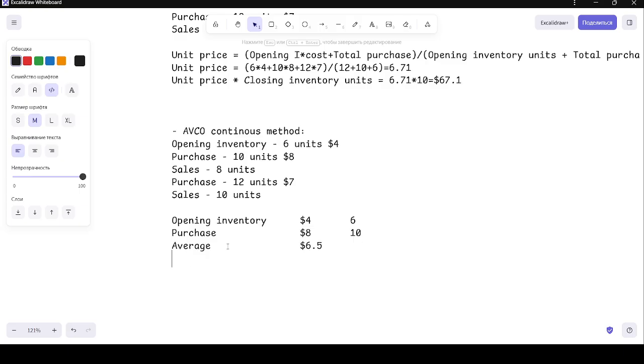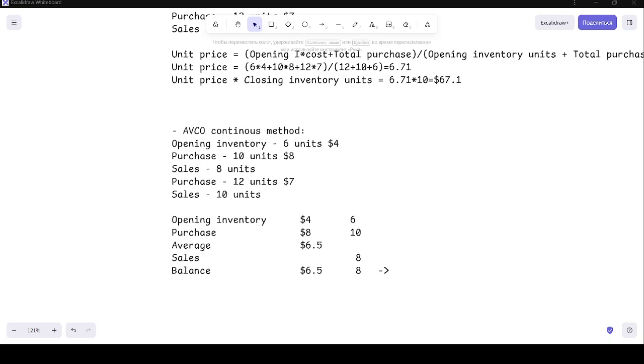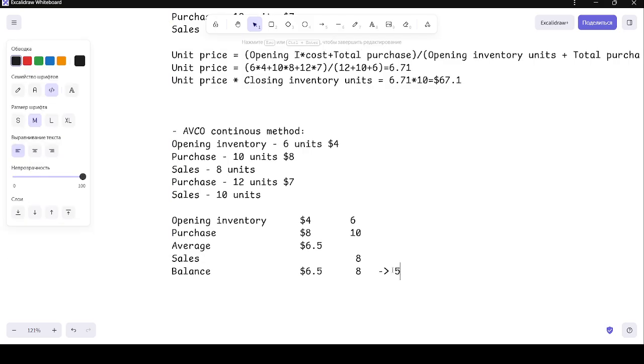If it is understandable, we will continue, and we have the sales of how many units? 8 units, and after all sales, we will find the balance. We had the cost 6.5 and balance is 8, gives us total inventory of 6.5 multiplied by 8 is 52.